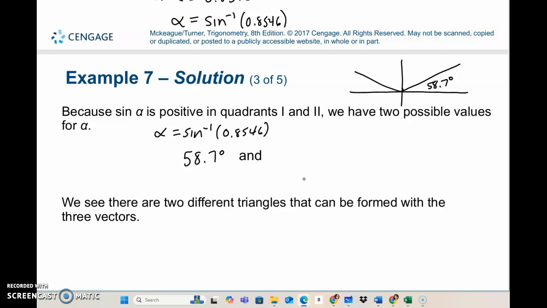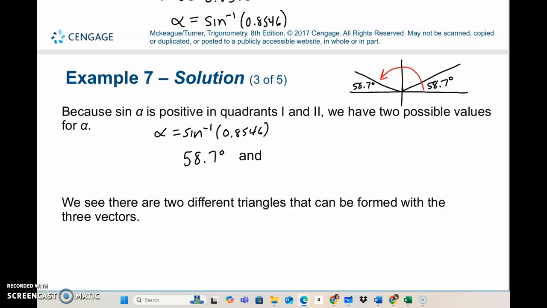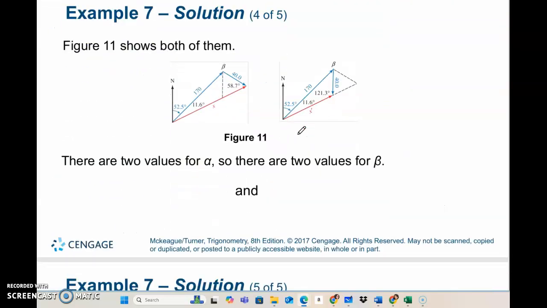But there's also whatever angle has a reference angle of 58.7 degrees. So we're looking for the angle that opens up like this. And we can find that, I'll call it alpha prime, by using the reference angle formula: 180 minus 58.7 means that alpha prime would be 121.3 degrees.